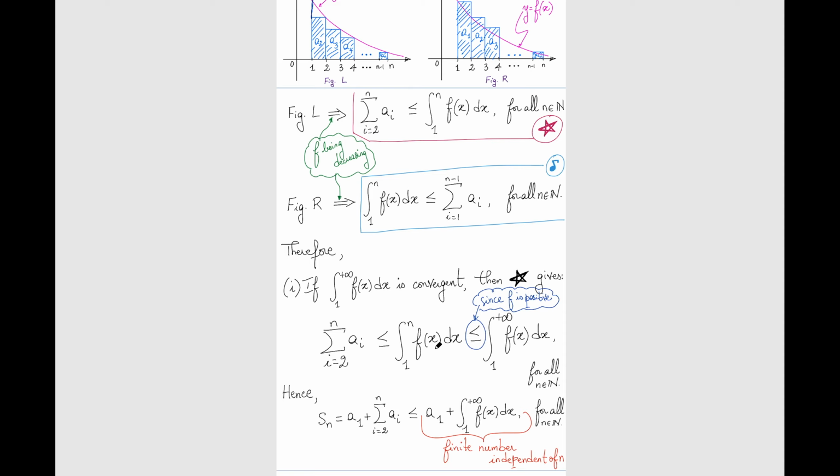So I'm rewriting it. This is for all n again. And remember, f is a positive function. So if you keep increasing n, ultimately reaching infinity, if you let n go to infinity, certainly this area is going to be at most this area, right? So you are adding this infinite region to this finite region, correct?